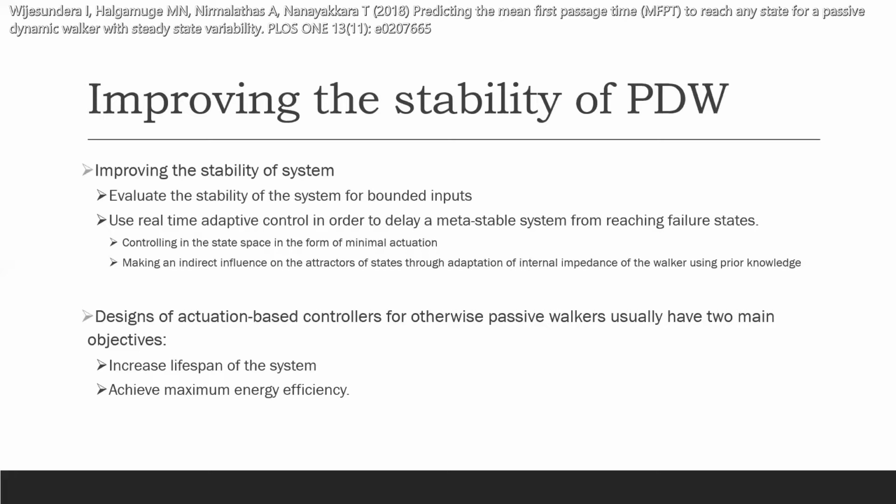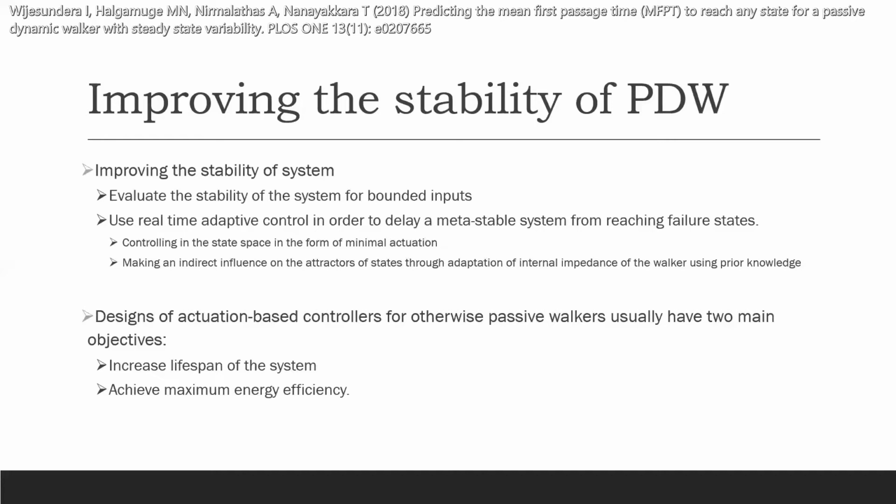Designs of actuation-based controllers for otherwise passive walkers usually have two main objectives. The main one is to increase the lifespan of the system, obviously, and also we would want to achieve maximum energy efficiency, because the idea behind a passive walker is not to use energy.